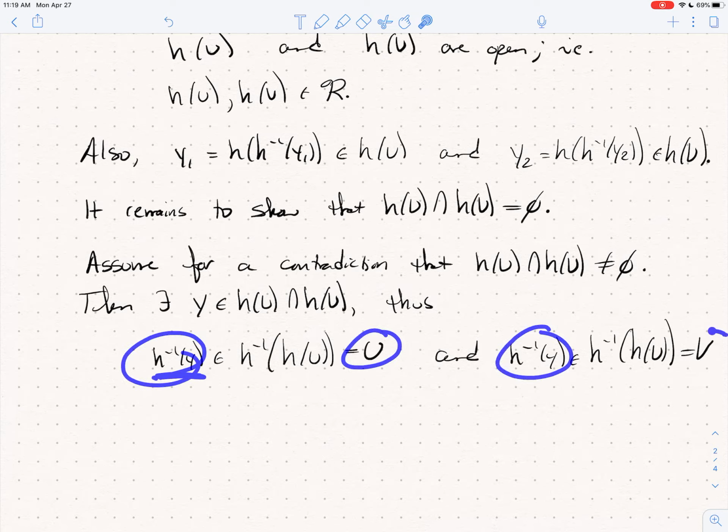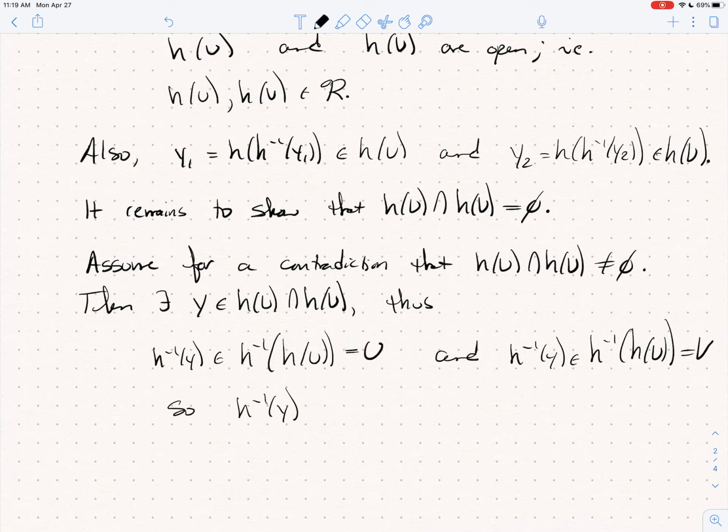This element is in U and this element is in V, so H inverse of Y is in U intersect V. But U intersect V is empty, because X is Hausdorff. We said that at the beginning. So this is a contradiction.